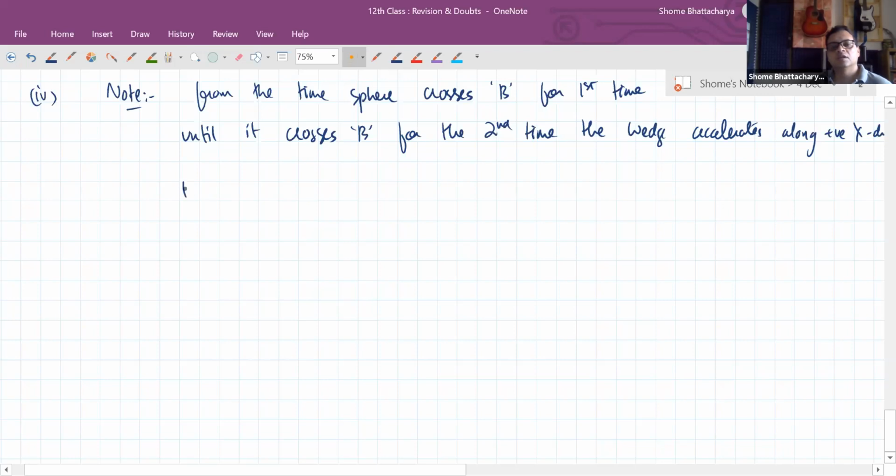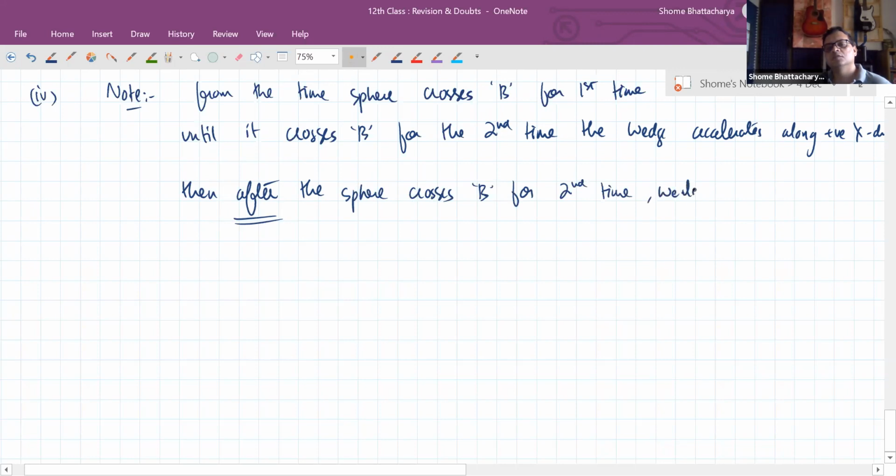Okay. Then after the sphere crosses B for the second time, the wedge starts to decelerate. Okay. So that is the important thing to understand.